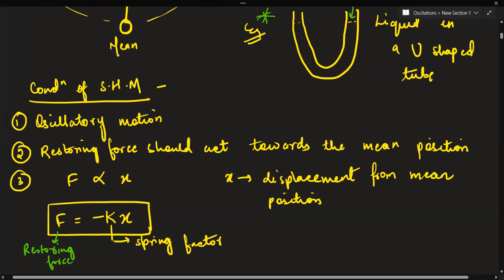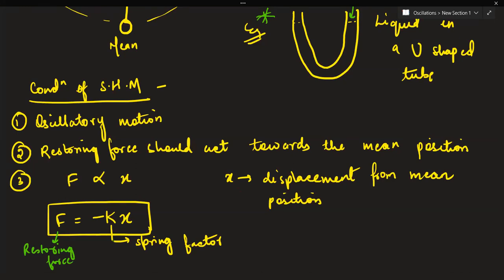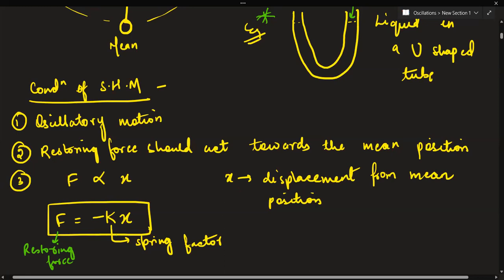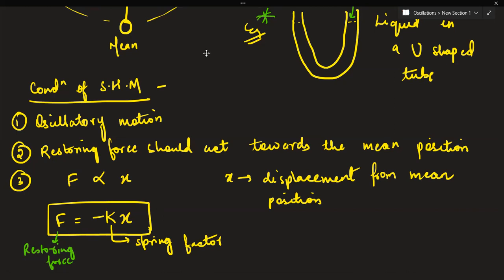We will see various systems, spring system, and different kinds of systems. What happens is that just the value of this constant changes. For a spring, it will be the spring constant. It's just a constant named the spring factor. For various objects, this k will have a different value. So these three conditions of SHM, are these clear? Yes, ma'am. Just note down these first.